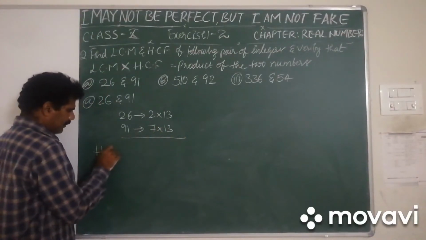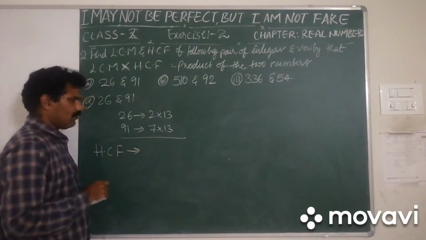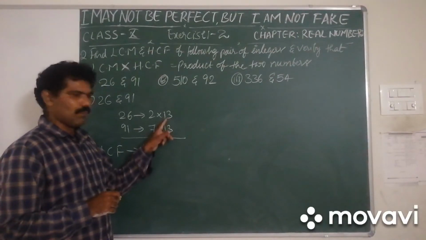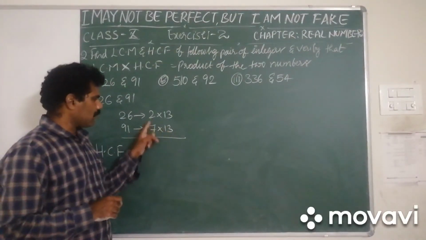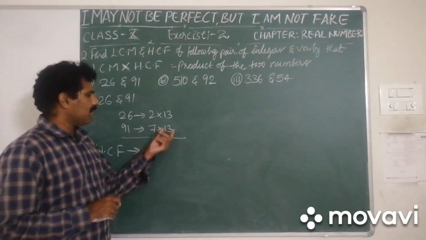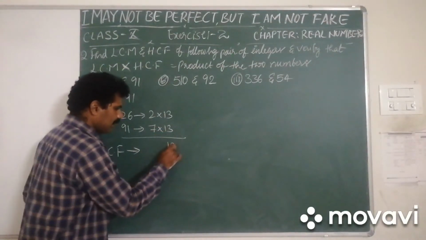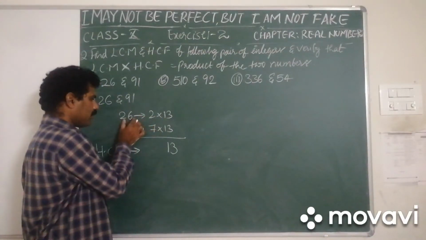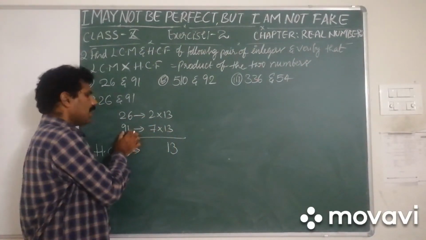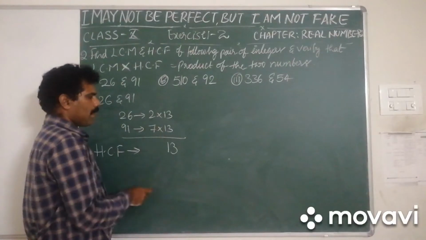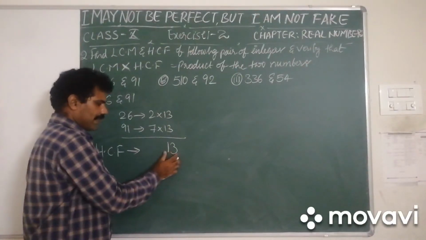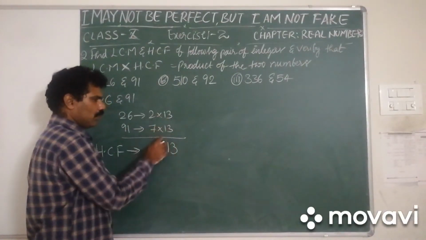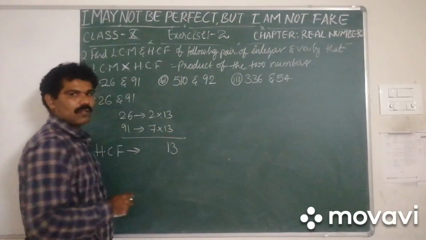So therefore, how to write the HCF? See here, 13 is common for both, isn't it? 2 is not common, 7 is not common, and we are going to take down 13, which is common for both the numbers. While taking the common factor down, we have to see the powers for both.